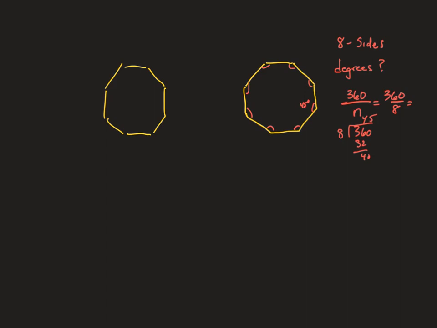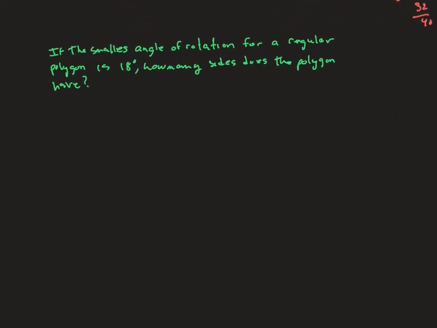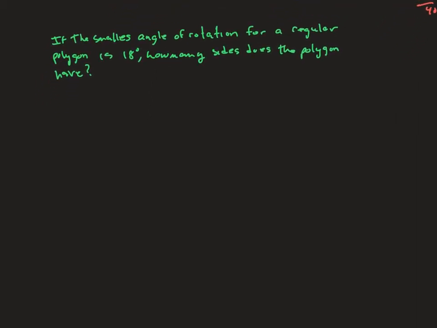But what if they just say, okay, separate question here. If the smallest angle of rotation for a regular polygon is 18 degrees, how many sides does that polygon have? Well, what they're saying is that every 18 degrees, this thing's going to rotate right back onto itself.